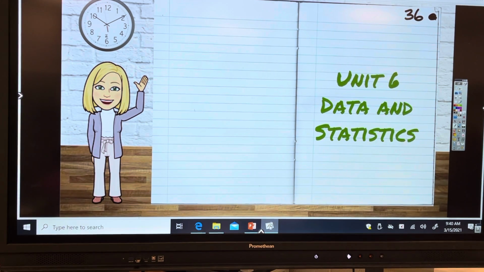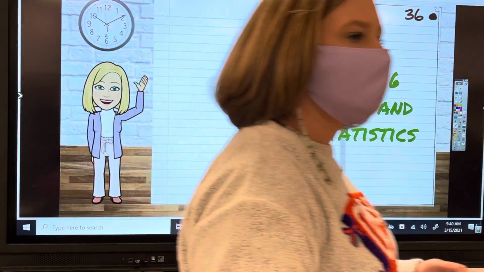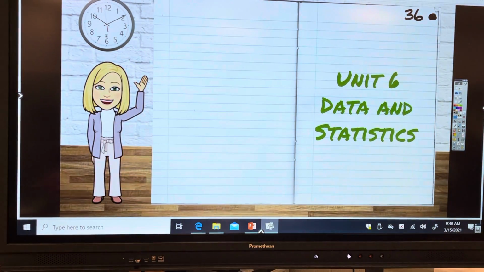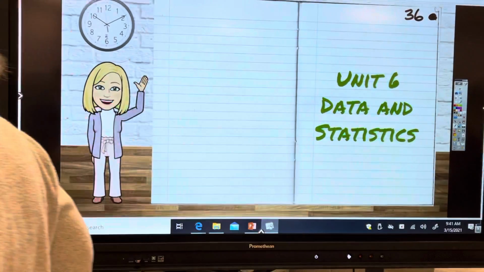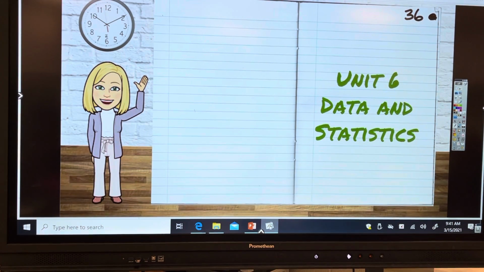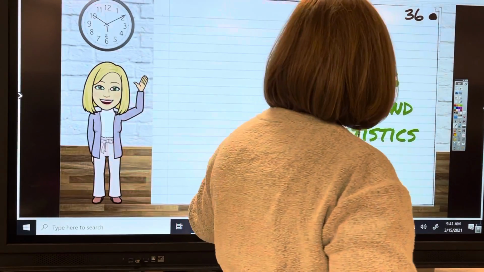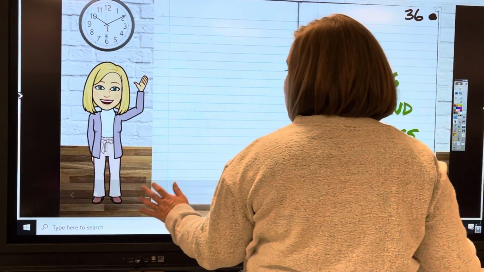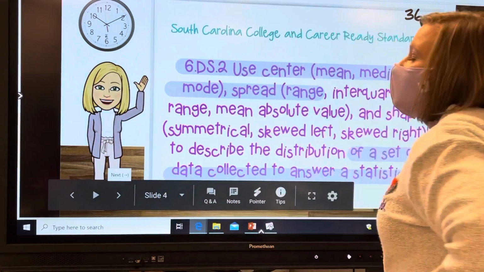So on page 36, you do need to have your unit page. All right, on page 37, let me talk about this first.